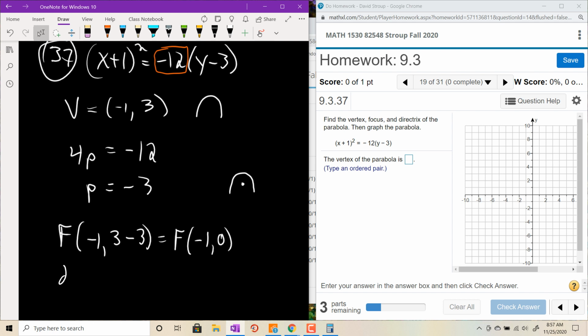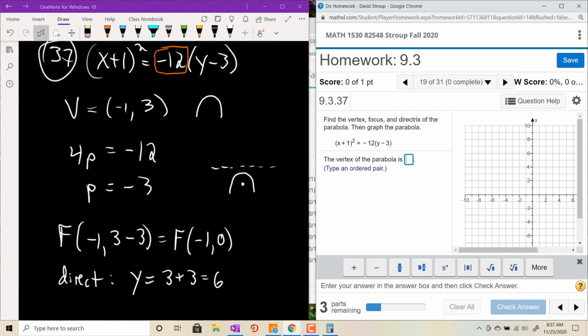And then the directrix, you're going to have to move up by 3. And the equation of the directrix in this form will be y equals, right? So y equals 3, and then I have to move up 3. Okay, so that'll be 6, y equals 6. Okay, so let's go in and see what they want.